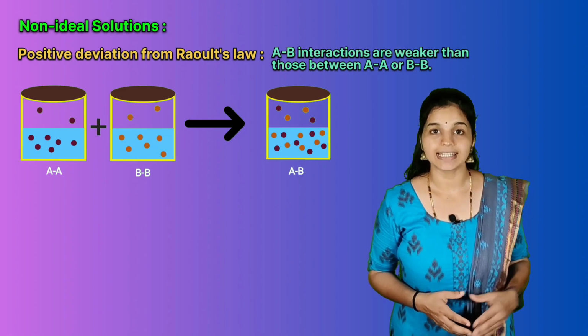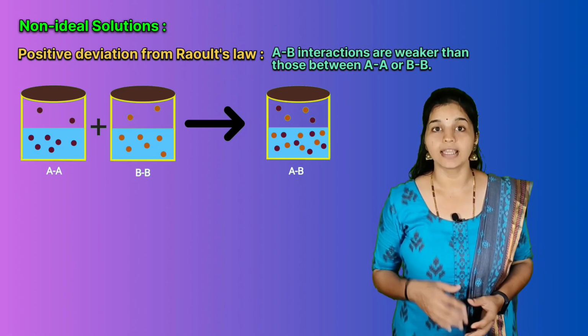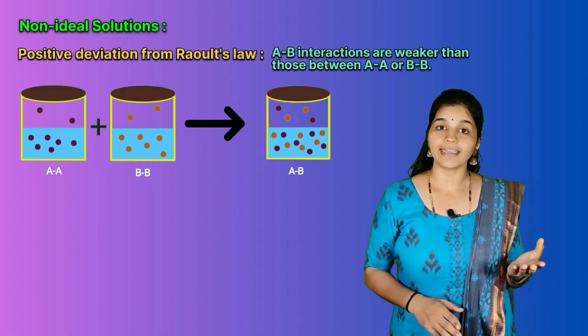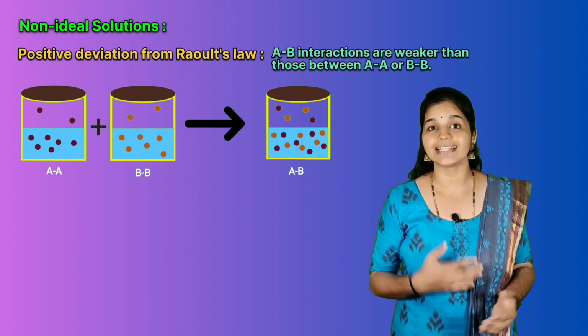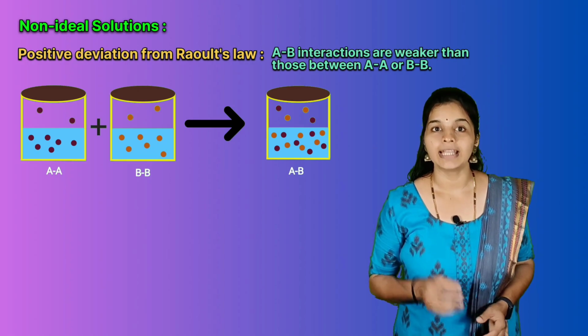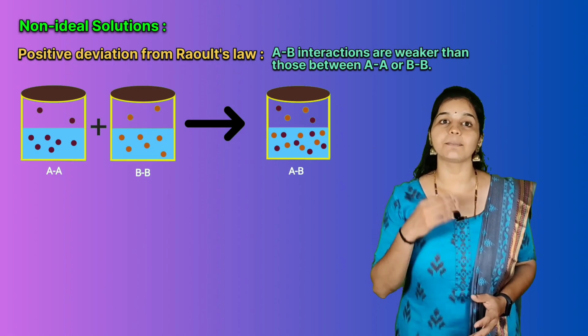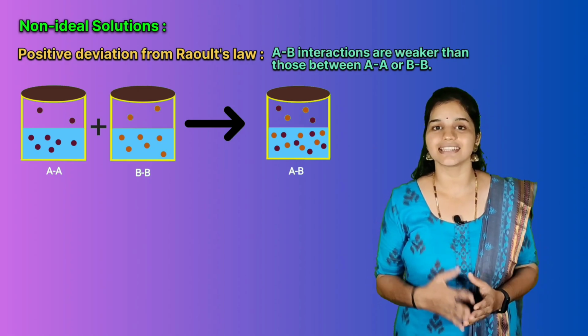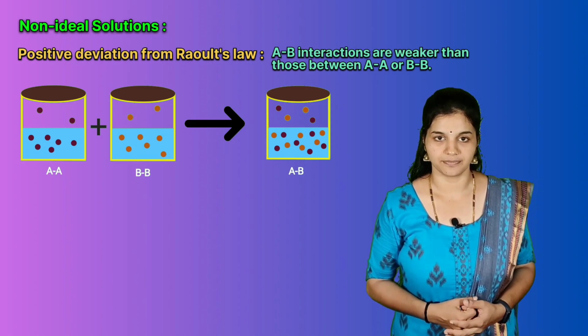This means that in such solutions, the molecules of A or B will escape more easily compared to the pure state. This will increase the vapor pressure and results in positive deviation.